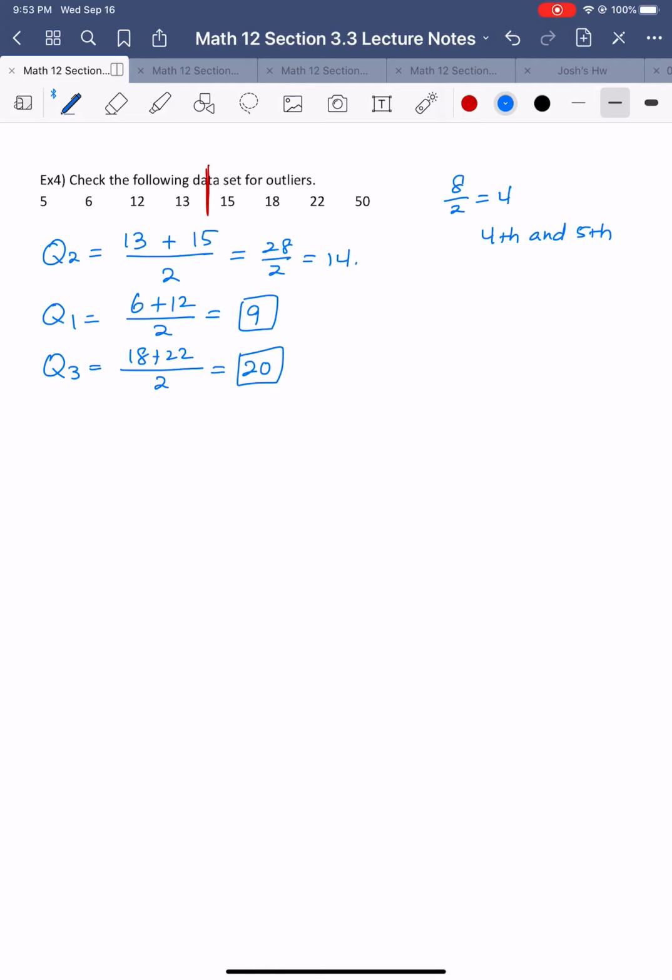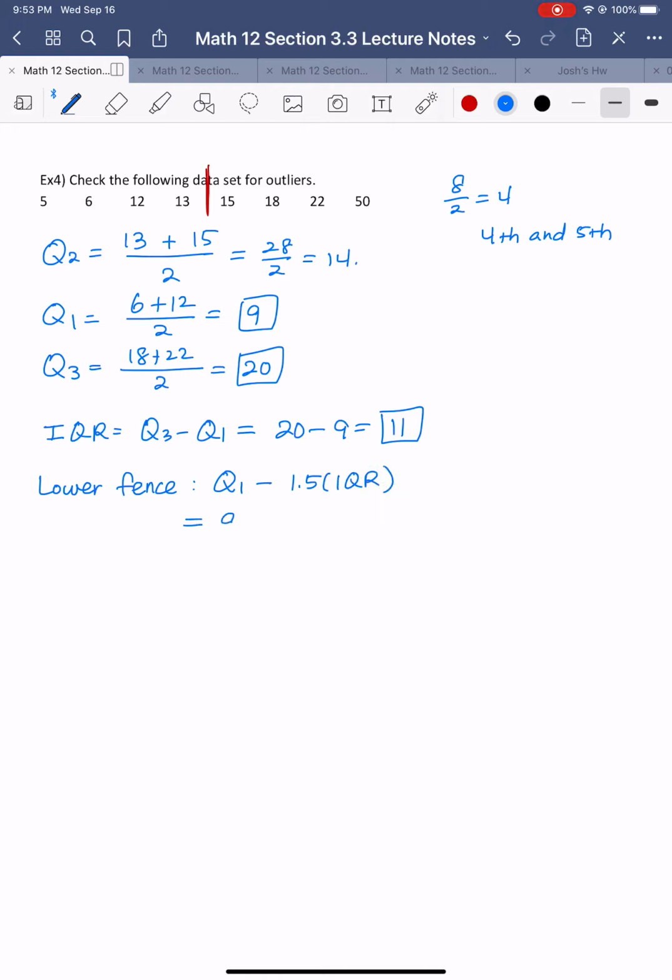Now I need you to find the IQR, which is Q3 minus Q1, which is 20 minus 9, which is 11. And then we're going to find the lower fence, which is Q1 minus 1.5 times IQR.